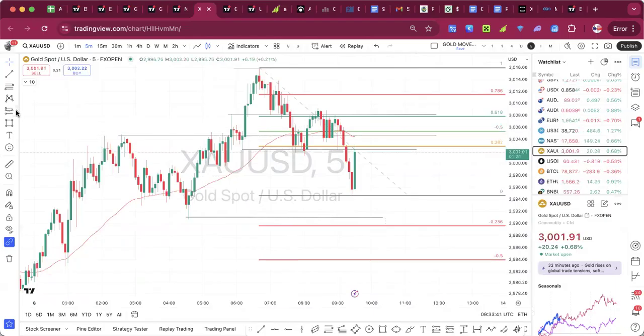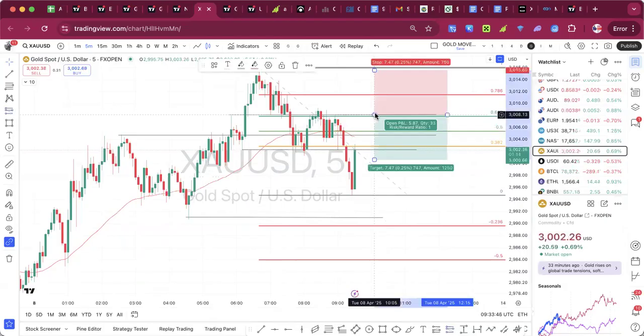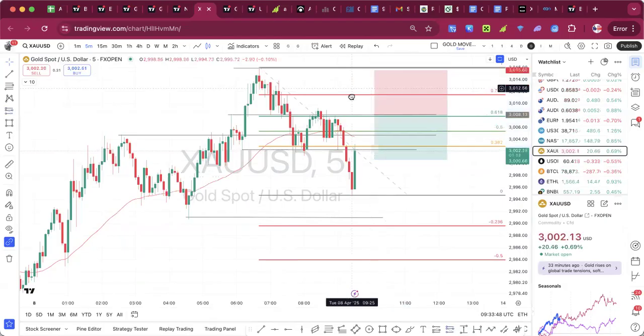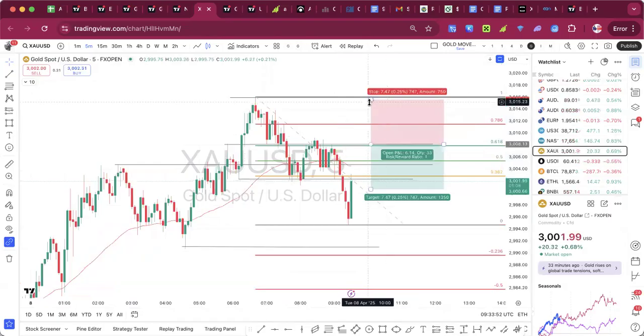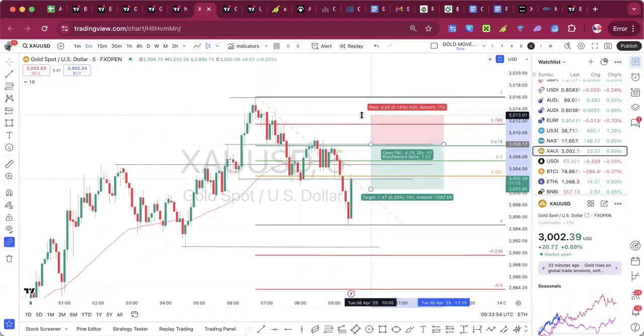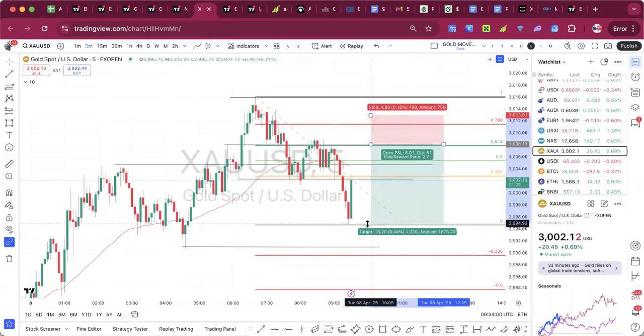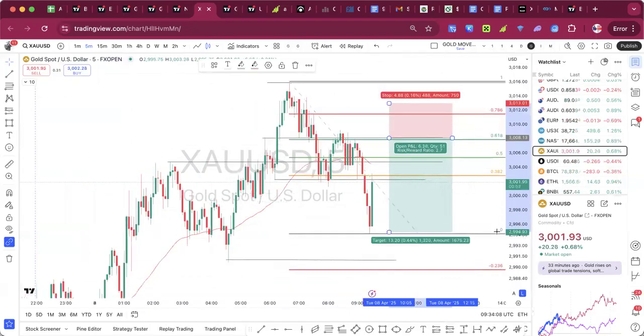Looking at my market, I will be shorting from all these points. For my stop loss, a conservative trader will take it above this high, but a more aggressive trader can take it above the 78 fib retracement level, and then they'll be targeting this low as their take profit. This is almost 2.7 already, so these 3 points are my entry points.